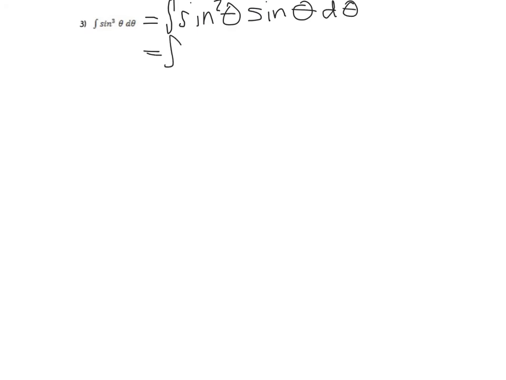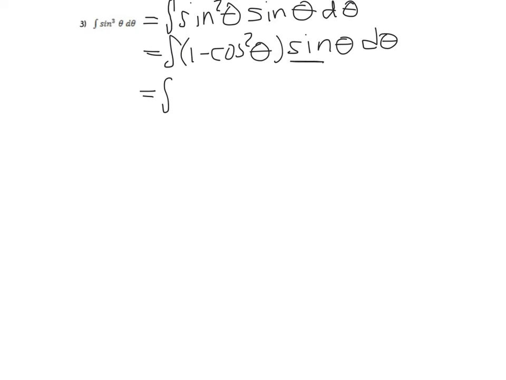Now we're going to substitute sine squared by 1 minus cosine squared of theta, times sine of theta times differential of theta. If you're asking yourselves why am I substituting sine squared this way, it is because of the trigonometric identities. Then I'm going to multiply sine of theta times 1, and that will be sine of theta minus cosine squared of theta times sine.